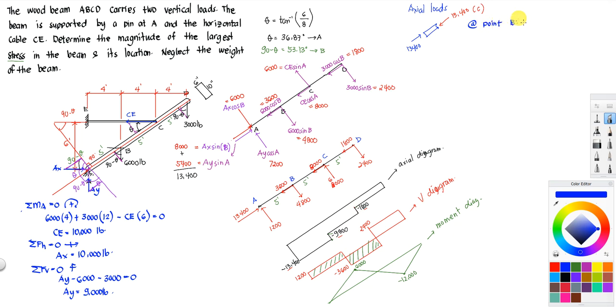Okay, now, we will consider 2 points at point B. Now, para makuha yung maximum, I will just follow the axial loads. Okay, what should I mean with that? Now, ang axial load ko kasi at this point is negative 13,400 in compression. Okay? And then, with this, ang kukunin ko na lang side is the compression side.